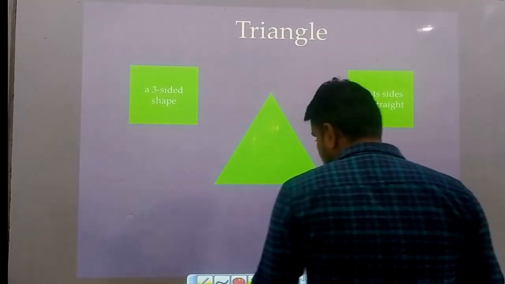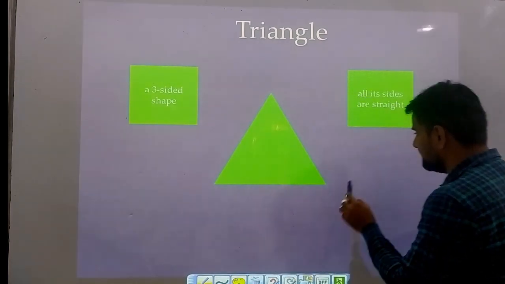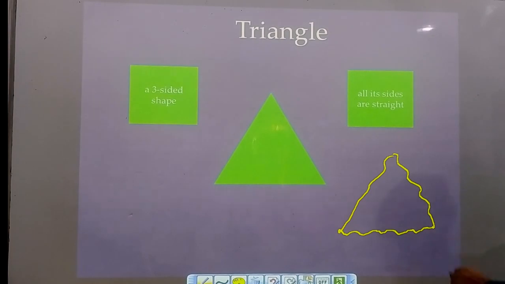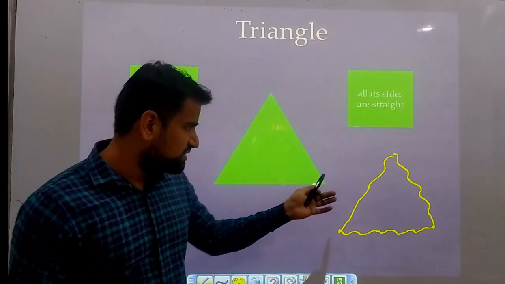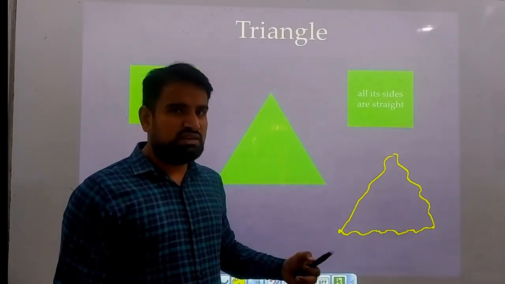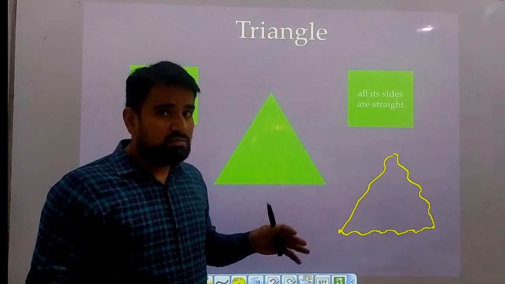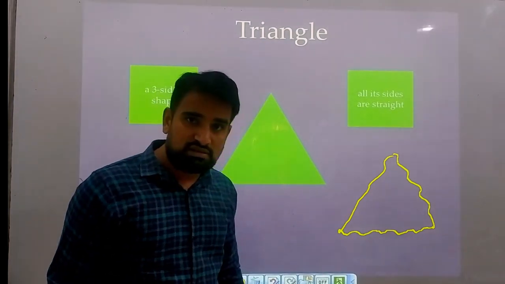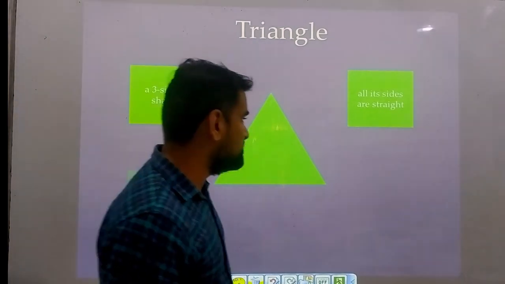If I make a shape like this, let's say this one, it is also a triangular shaped structure, but it cannot be called a triangle. It looks like a triangle, but it is not a triangle because its sides should be straight. Let's move forward and know its next feature.